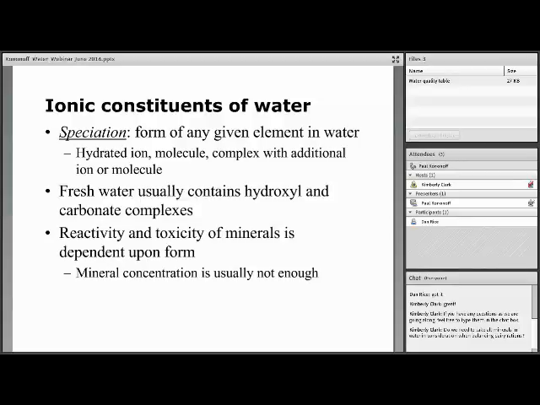And the reality is the reactivity and the toxicity of minerals is dependent upon these ionic forms. So this is why I say it's not enough just to look at the very specific mineral, but you have to look at what form that mineral is in your water to really understand the impact on the animal itself.